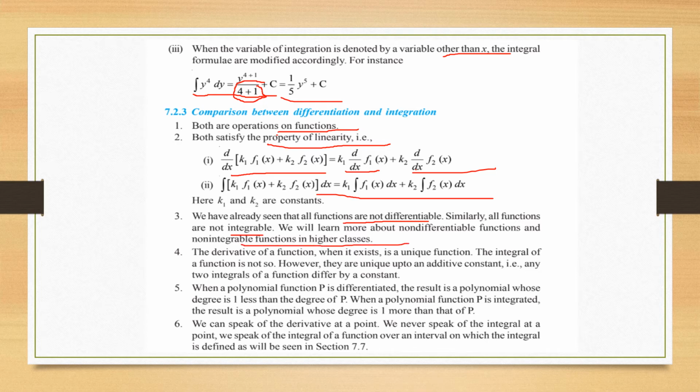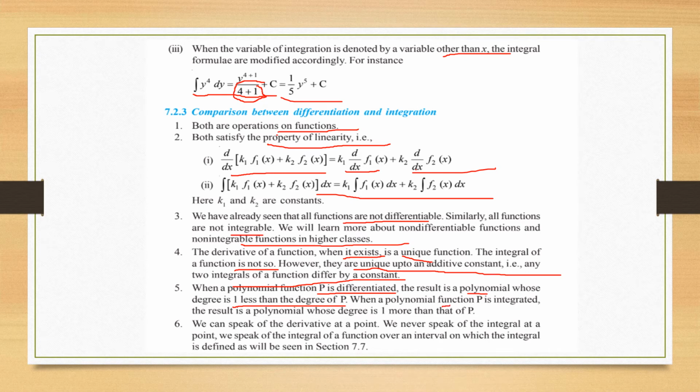The derivative of a function, when it exists, is a unique function, and the integral of a function is not so. However, they are unique up to an additive constant, that is, any two integrals of a function differ by a constant. When a polynomial function p is differentiated, the result is a polynomial whose degree is 1 less than the degree of p.